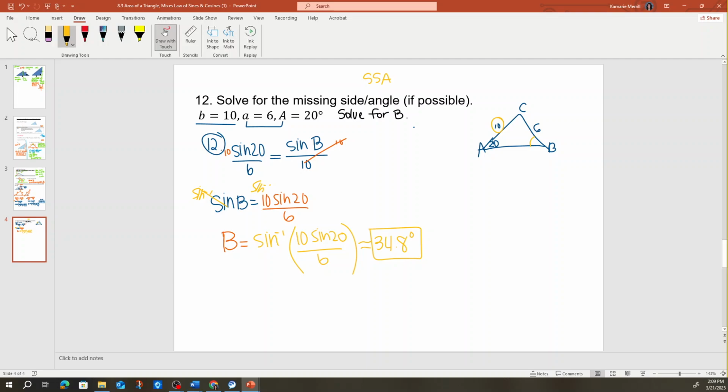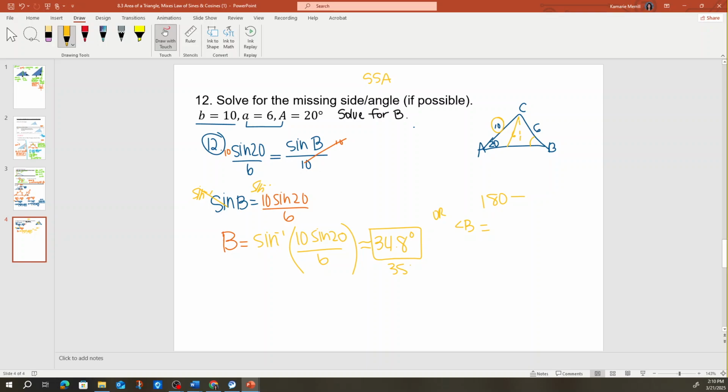If we want to calculate the height, we need to realize that if a triangle is even possible, what if the 6 needed to go that way? Then angle B could be 180 minus that number. Let's call this 35.